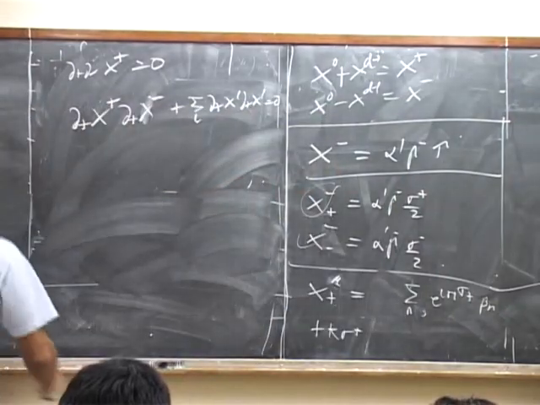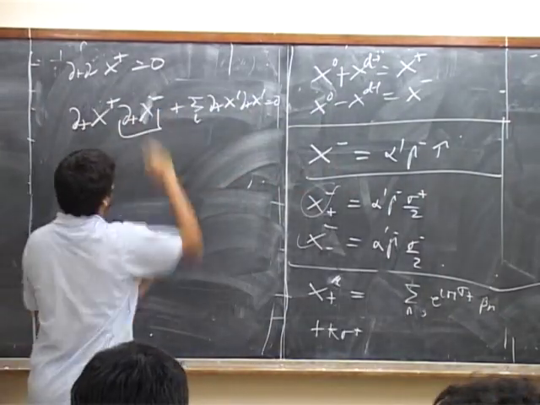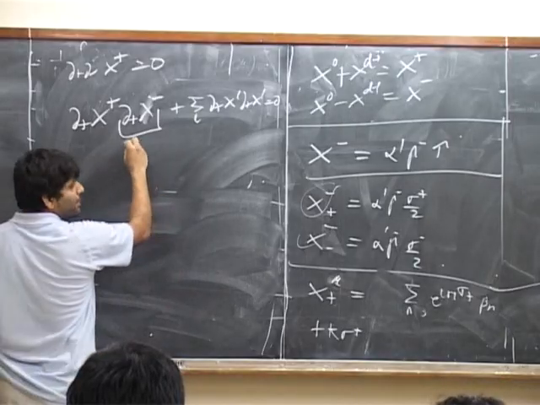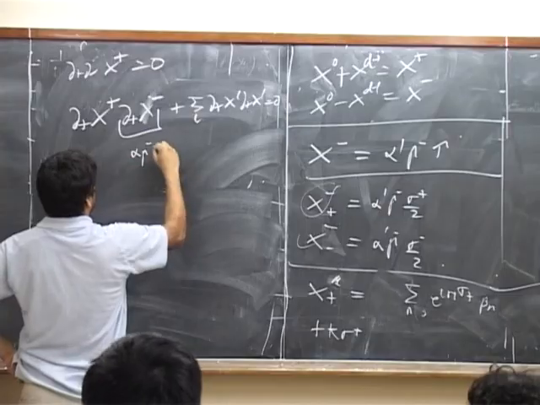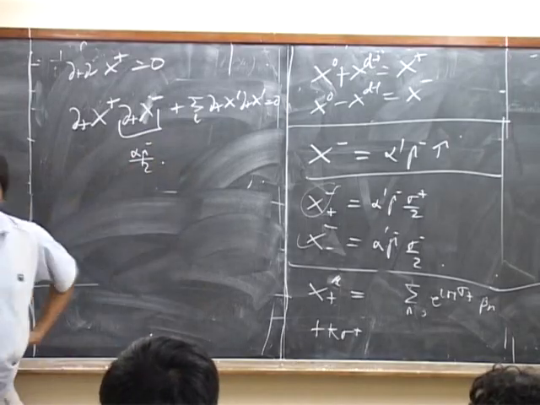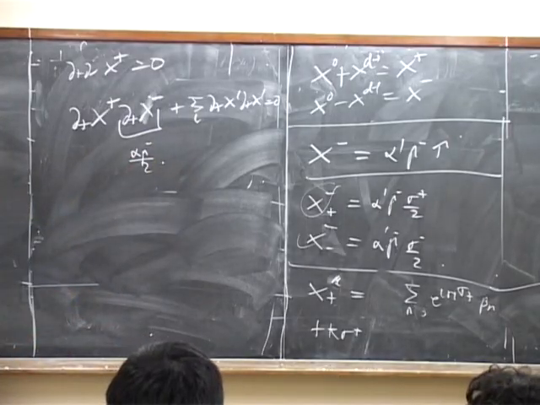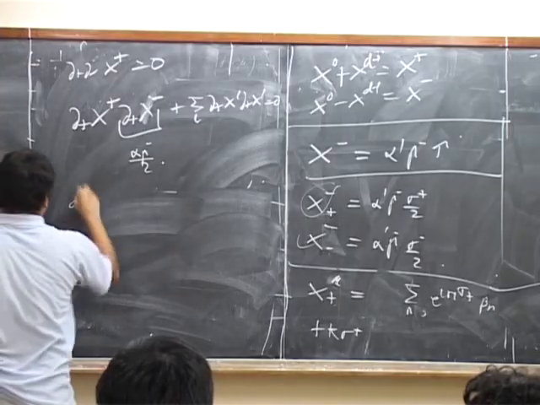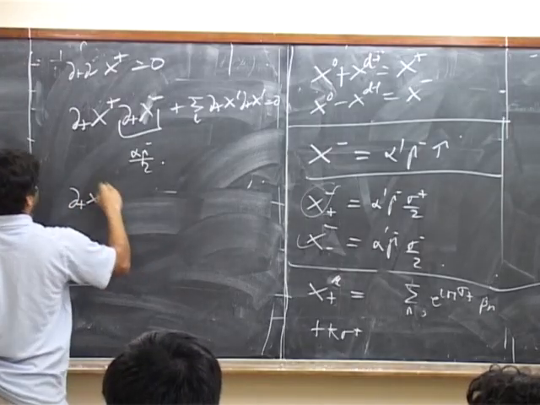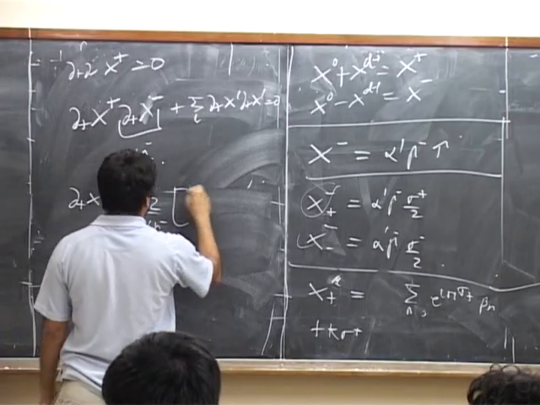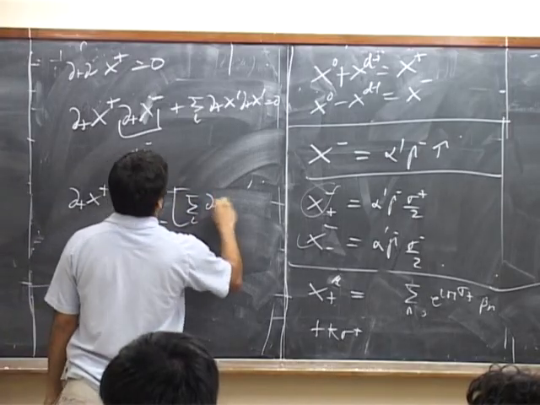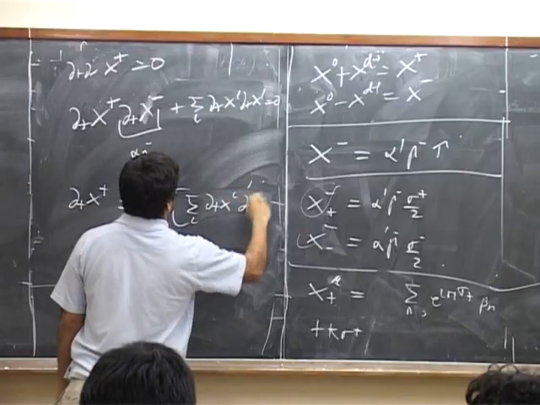Now we've chosen a fixed gauge such that del plus of x minus is equal to alpha p minus by 2. So, we have been told, therefore, that del plus of x plus is equal to 2 by alpha p minus into sum over I of del plus xi del plus xi.